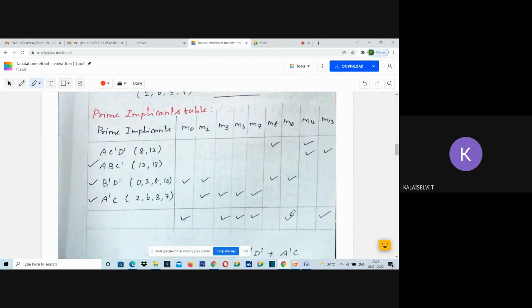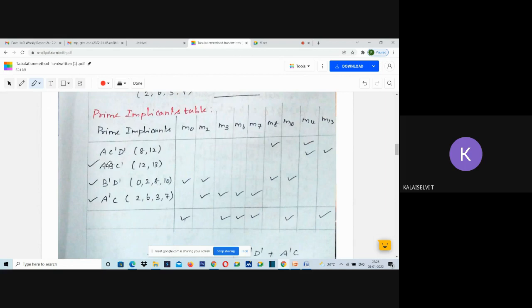And M10, where it occurs, it occurs in this product term, so it is also already considered. And the last min term is M13, it is considered here, right? So we can conclude that these three terms are going to be the product terms for our minimized boolean function.